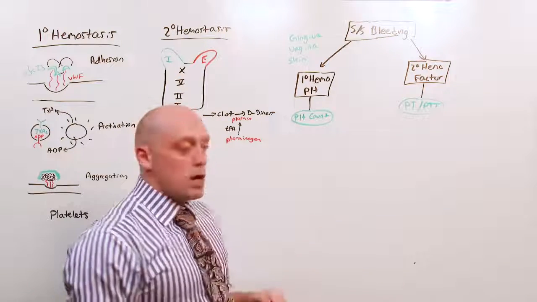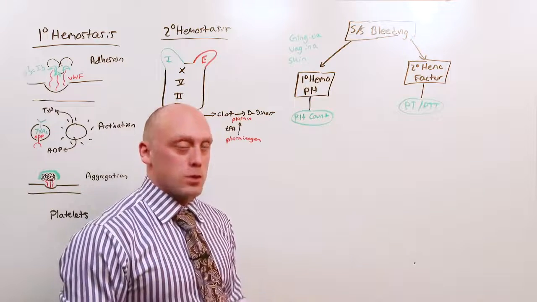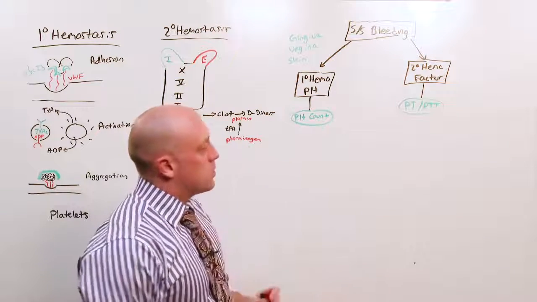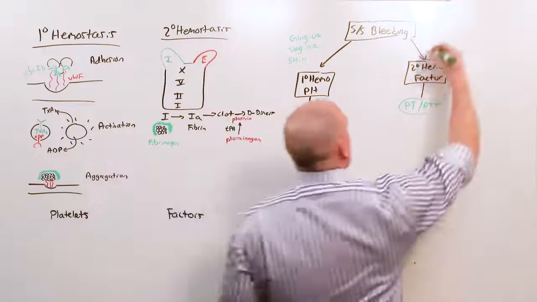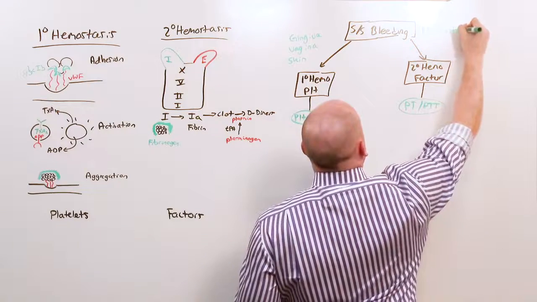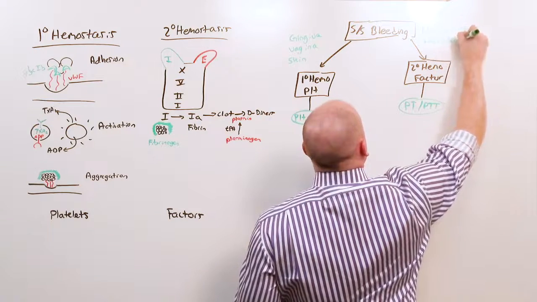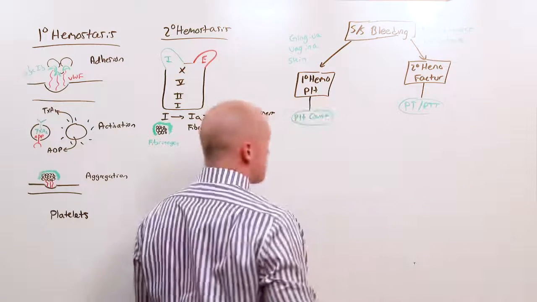Those are signs of primary hemostasis, problems with platelets, because those are superficial hemorrhages. Secondary hemostasis is going to present with deep bleeding, and that is going to be hemarthrosis and hematoma. So in the muscle or in the joints.